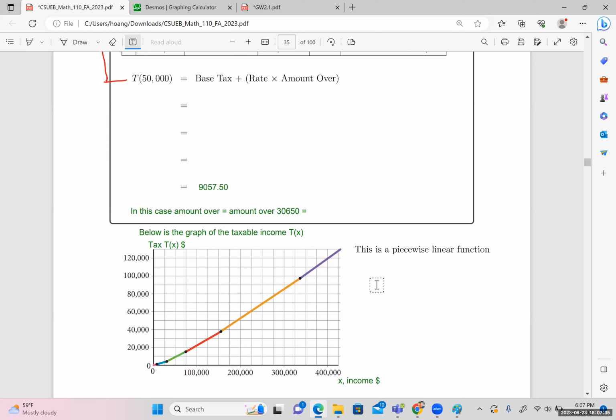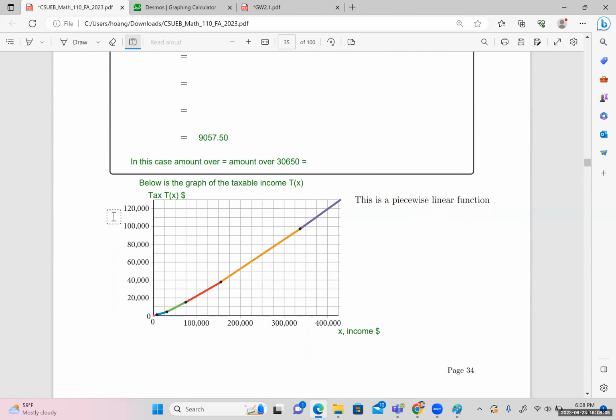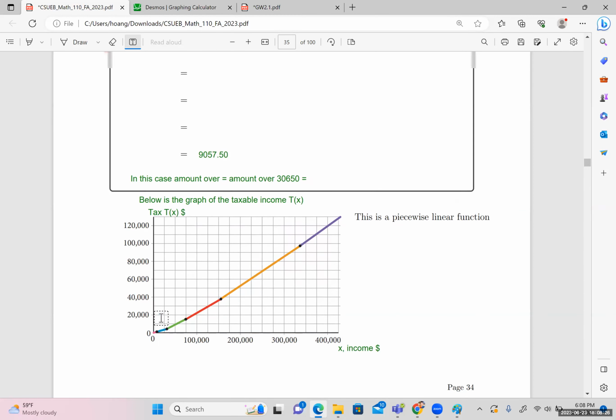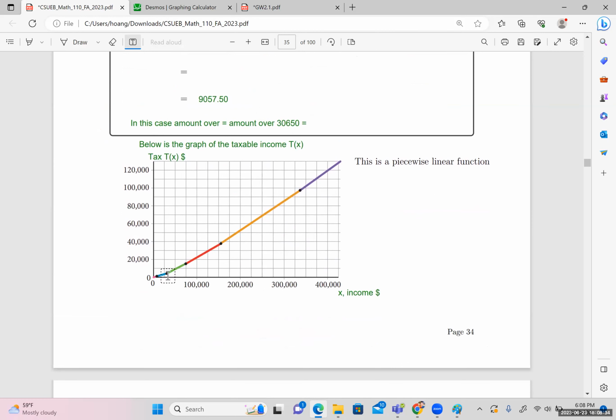So if I plot those points from 0 to 7,550, I will draw a linear line for this amount, and it connects right away to the next level, level 2, which is between 7,550 to 30,650.